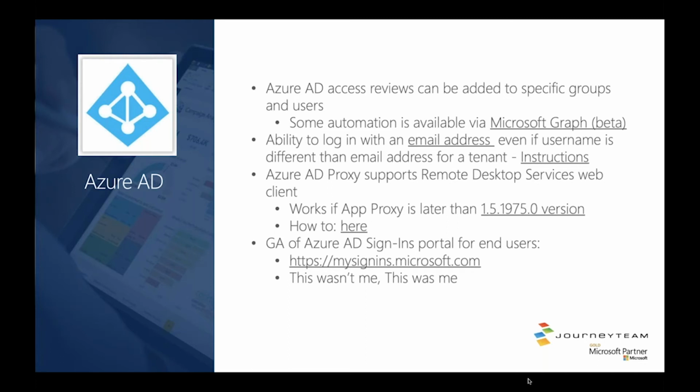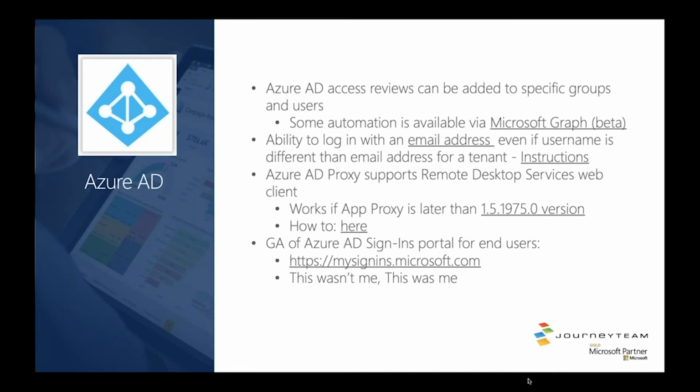Another really cool feature that I've been waiting for a long time. This was one thing why people still used ADFS. If you're using ADFS and the reason you're using it is so that people can sign in with their email address, not just their username, that feature is now in public preview on Azure. So the concept is if you have usernames that are different than their primary email address, then you should pay attention.